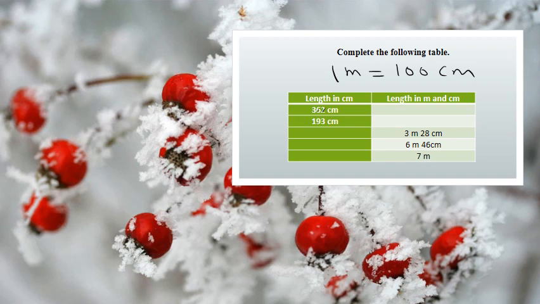So it should be 3 meter, and the other will be the centimeter. It should be 62 centimeter. 193 centimeter. It should be 1 meter. This means instead of 93 we put 2 zeros, so it should be 1 meter, and the other is 93. It should be centimeter.